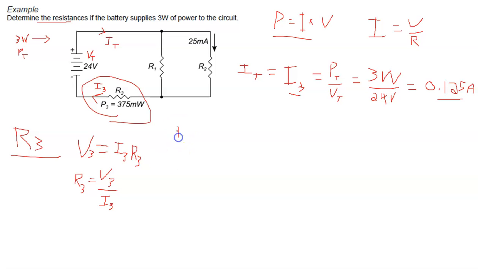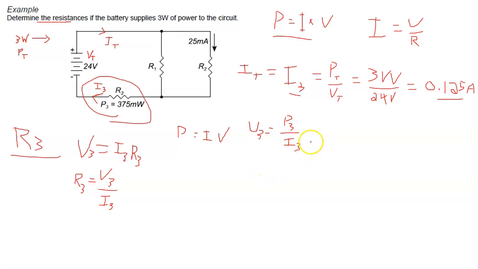And V3 is the piece of information that lets us do the rest of this, isn't it? And so from P equals IV, we're going to say that V3 is equal to P3 divided by I3.